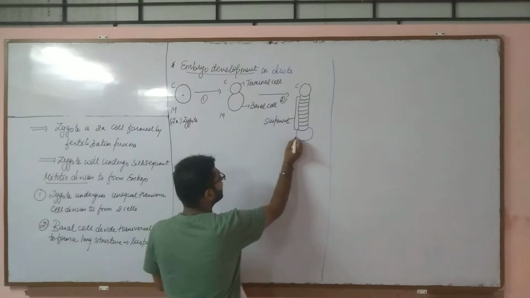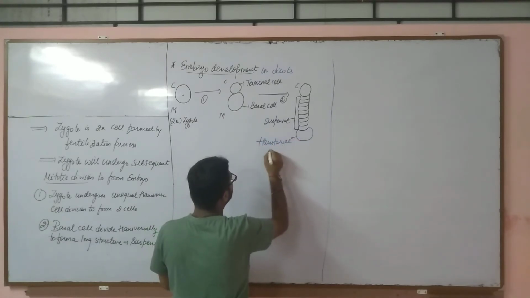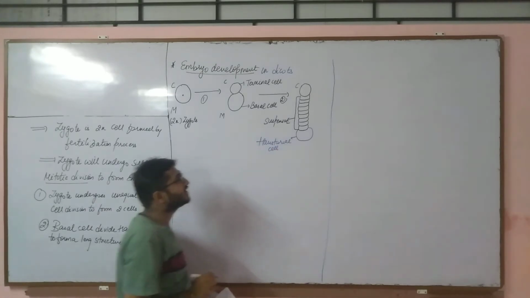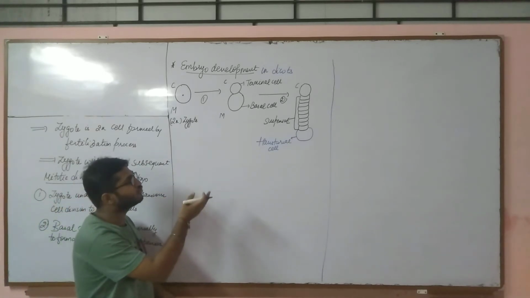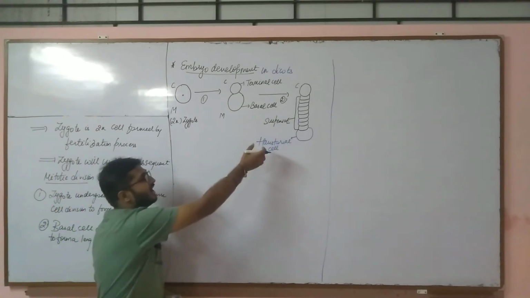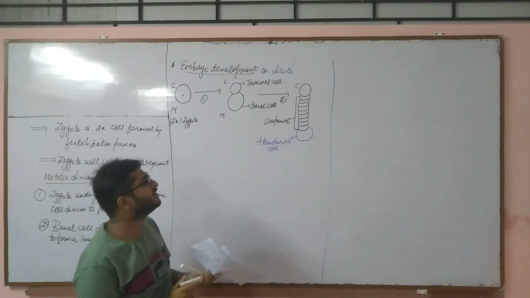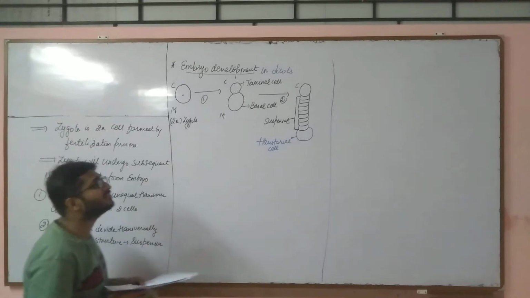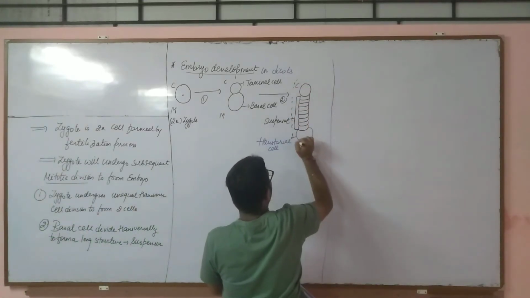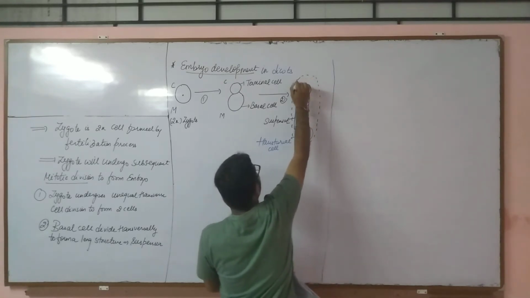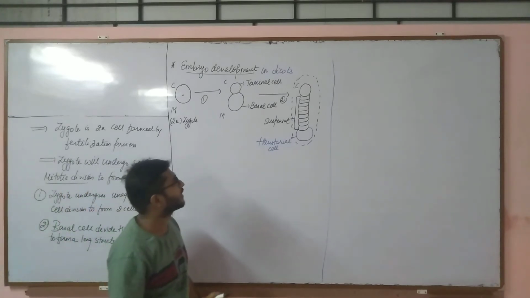Haustorial, H-A-U-S-T-O-R-I-A-L. So the second step is the basal cell divides transversely to form a suspensor, and the last cell of the suspensor is called the haustorial cell. Now what is the role of this suspensor? Say for example, if this is the embryo sac, within the embryo sac the embryo will be formed after all these steps that we will see.